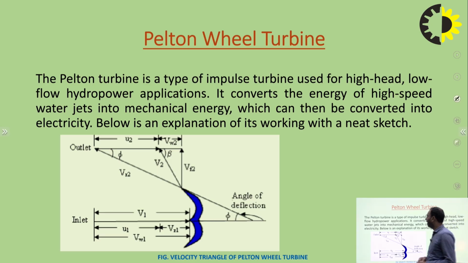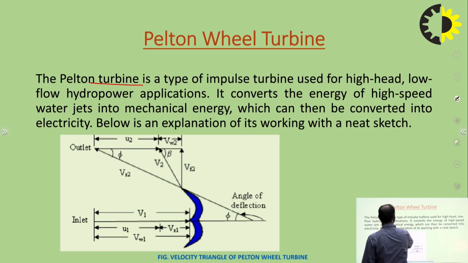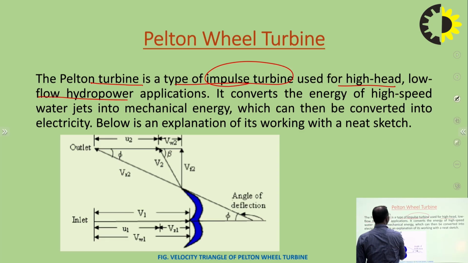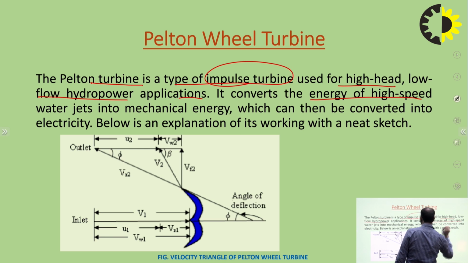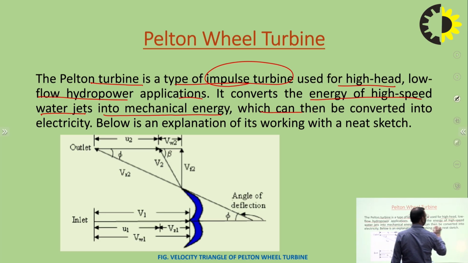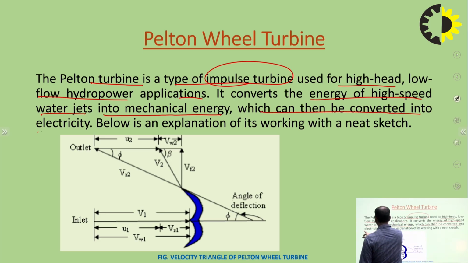Basically, the Pelton wheel turbine, also known as the Pelton turbine, is a type of impulse turbine used for high head, low flow hydropower applications. It converts the energy of high speed water jets into mechanical energy, which can then be converted into electricity.